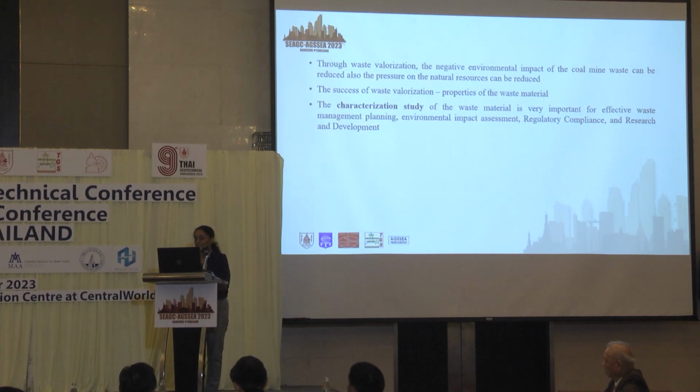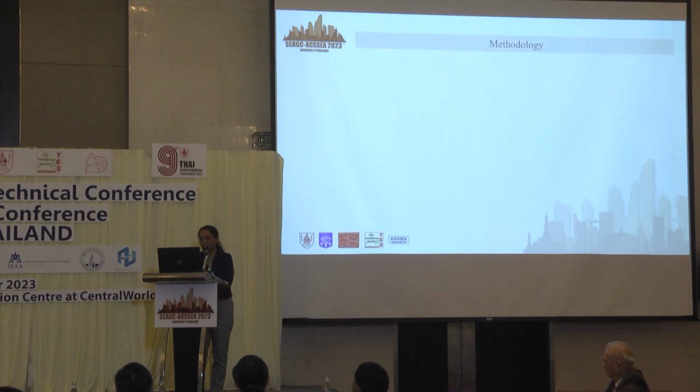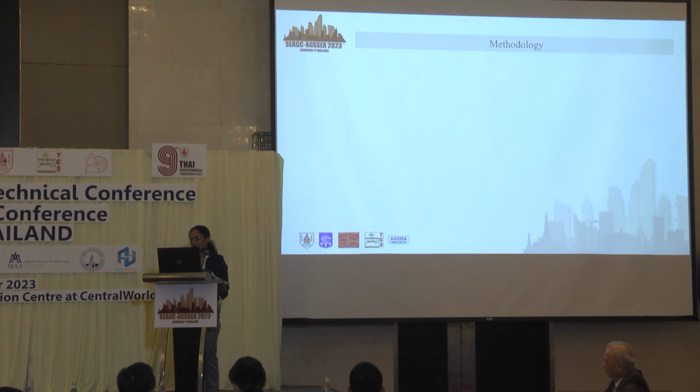The characteristic study of the waste is very important for effective waste management planning, environmental impact assessment, regulatory compliance, and research and development. Not only that, for the proper selection of stabilization method also, we have to find out the properties of the waste material. So my objective was to find out the characteristics of the waste of northeastern collieries.